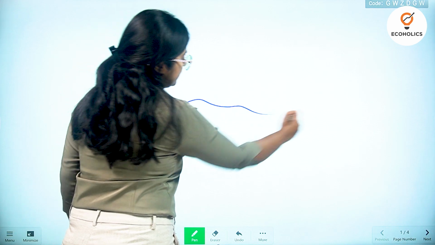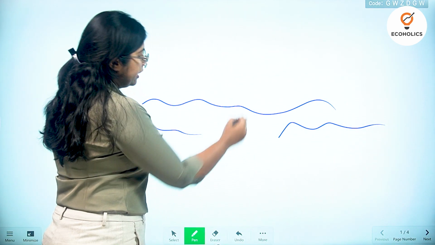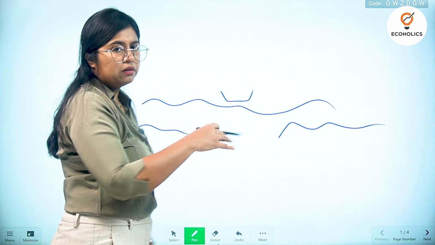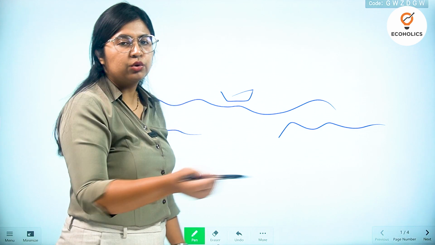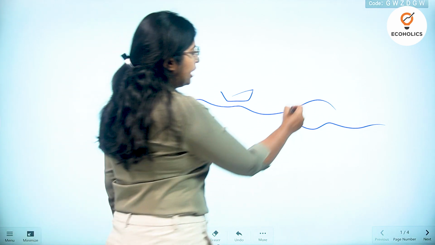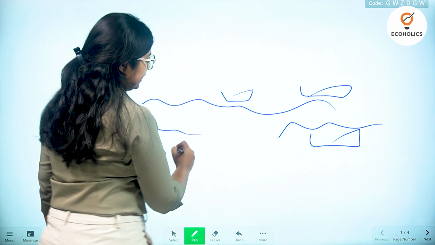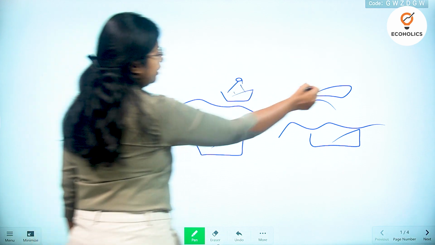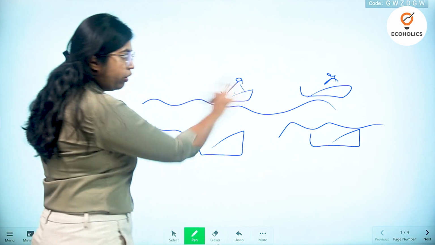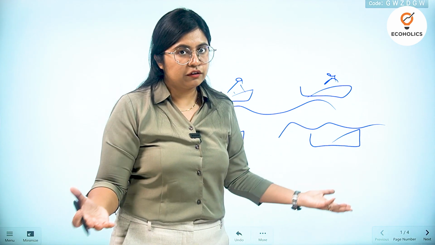So if it's the ocean or the lake or river, whatever, they will start to catch fish more through different boats. So it can be the boats that are involved in catching the fish. There are the number of fishermen who are involved in catching the fish. All of this is also a cost that has been borne to catch the fish, right?